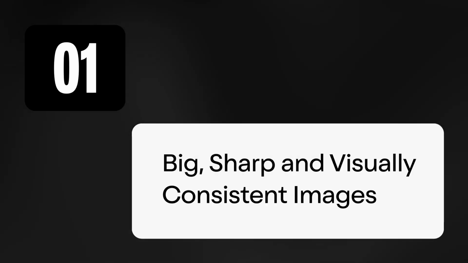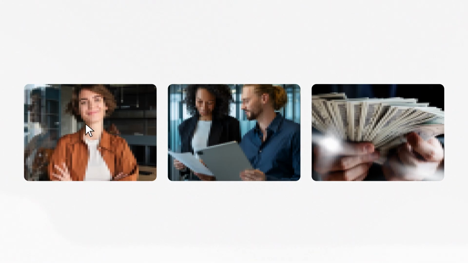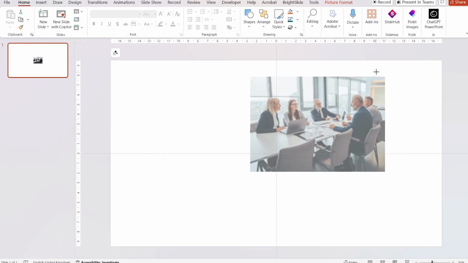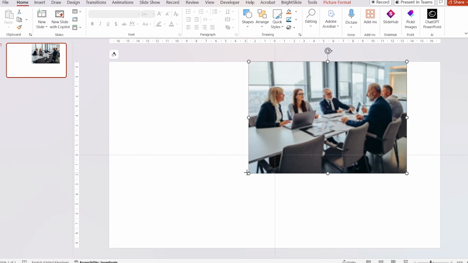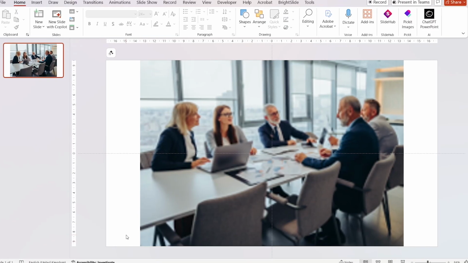Rule number 1. Big, sharp, and visually consistent images. Let's start with the non-negotiables. If your image is not high resolution, don't use it. Period. Practical rule: never upscale low-quality images inside PowerPoint or Keynote. It destroys sharpness.